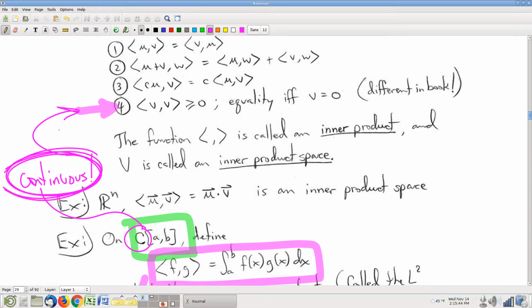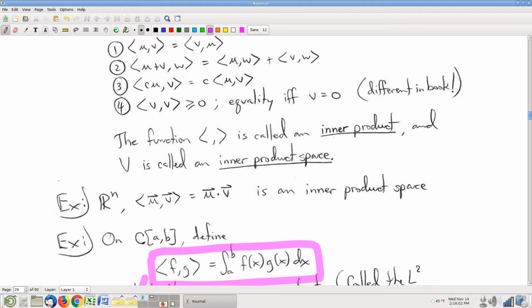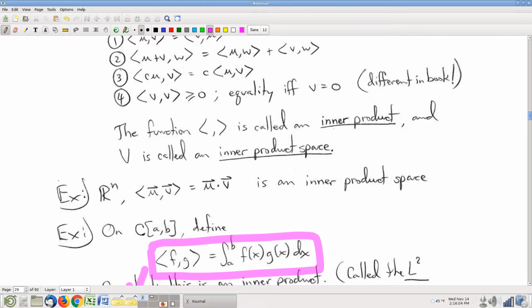So again, give that a try. See if you can do that. But note that you're going to have to make use of the continuity. And if your argument doesn't make use of the continuity, then your argument's not complete. Okay, so give that a try as well. And again, come talk to me in office hours if you get stuck.